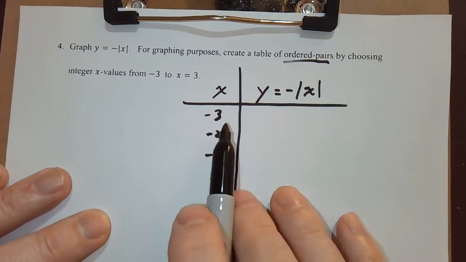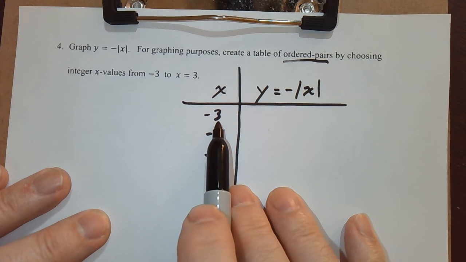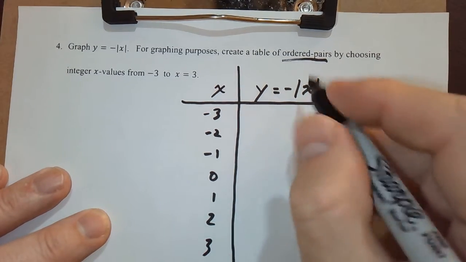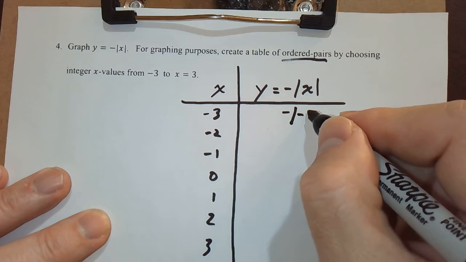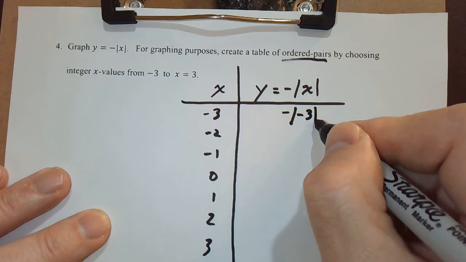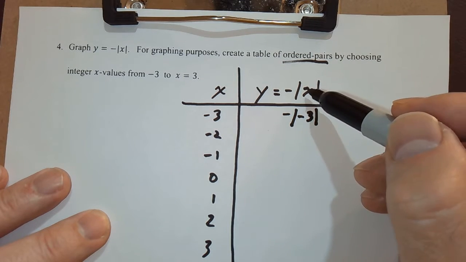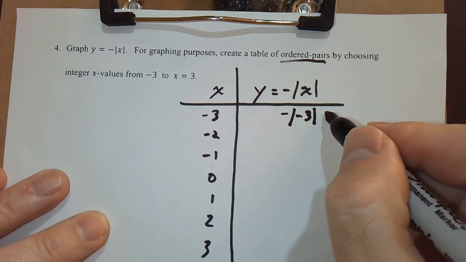Okay, so what would the y value be with x equaling -3? Well, it would be y equals negative absolute value of... I'm going to replace x with -3. So just think of it as erasing the letter x and replacing it with -3. And what's that equal to?